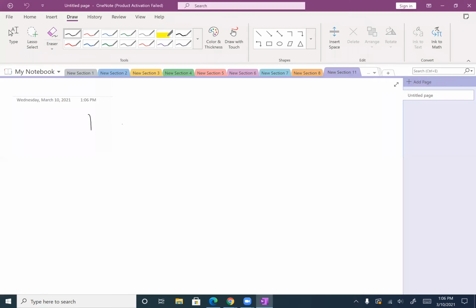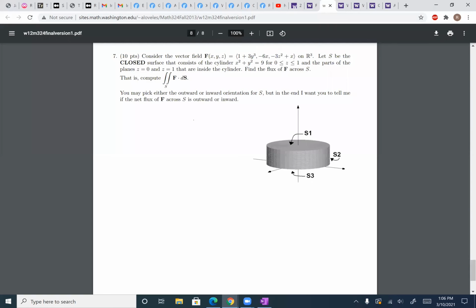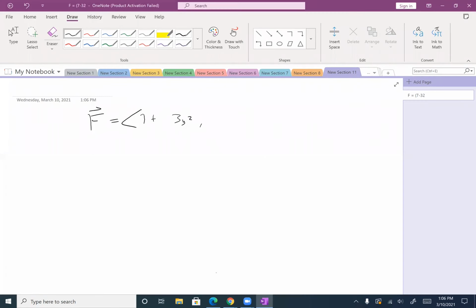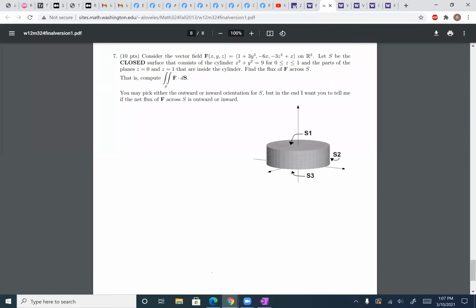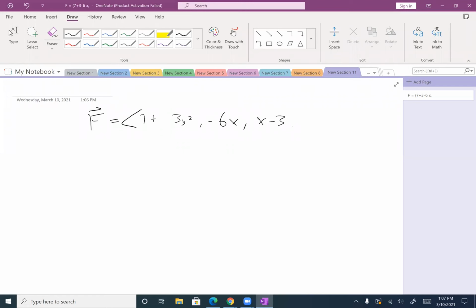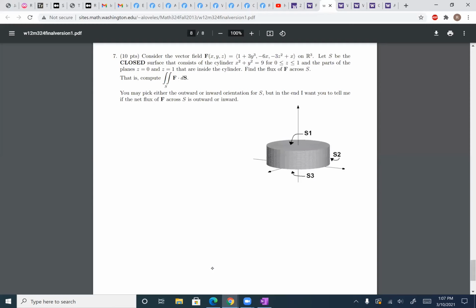What's the F here? 1 plus 3y squared, minus 6x and x minus 3z squared. Okay, they're trying to tell you what to do. They're trying to tell you to do the divergence theorem.